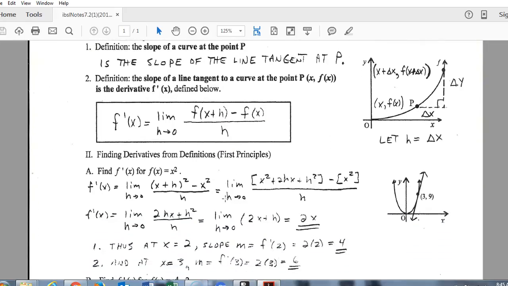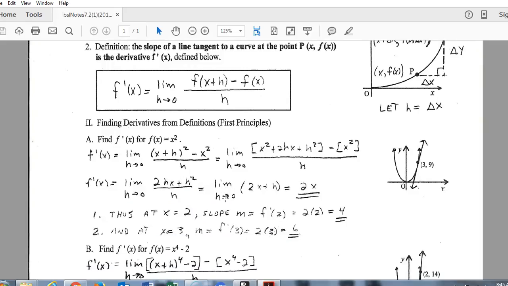All you would have to do to get the derivative, which is that little accent mark that you see right here, is take this function and just use this formula. For the first part, I'm going to replace x with x plus h. So as you see right here, I'm going to have x plus h squared. That's what goes into the first part. For the second part, you just keep the f of x. So I'm just going to keep x squared for the second part, and then this would always be over h.